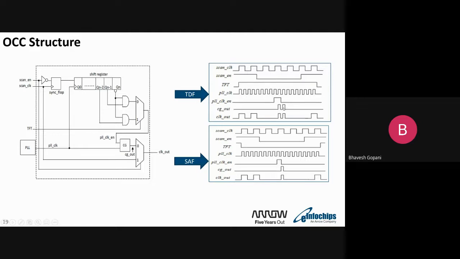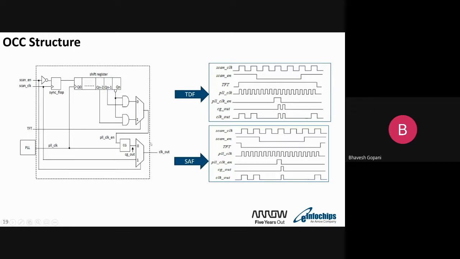Based on the PLL clock enable, for how long it is on, it will allow pulses to go out here. And this selection line is already scan enable, which is already 0, so it will allow propagation to the clock out only during the capture phase, that means when scan enable goes low.